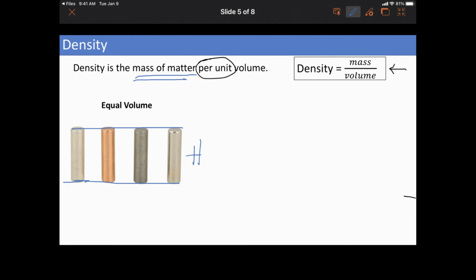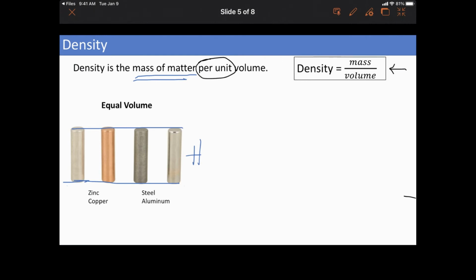But we can tell these are different materials. Now, it's not in any order. I just wrote them down because the picture that I've taken from the internet didn't say which one was which. Do you know which one is which just looking at it? Maybe one of them. Copper, right? Copper is the metallic orangey one. But the other ones, I'm not so sure.